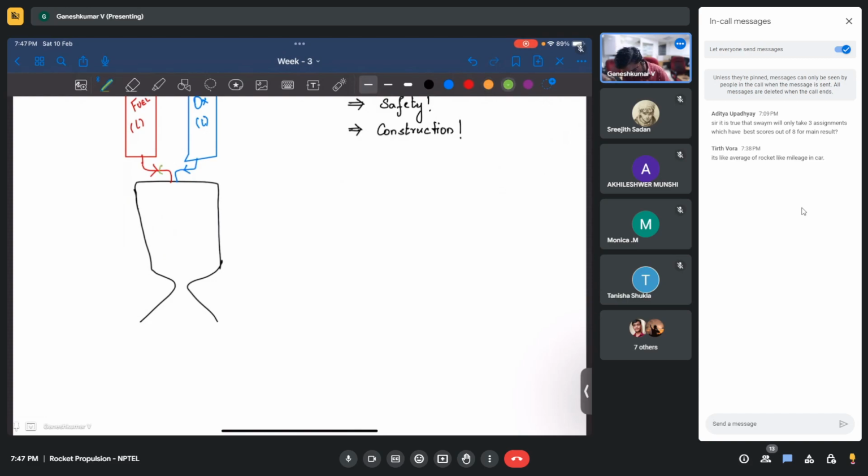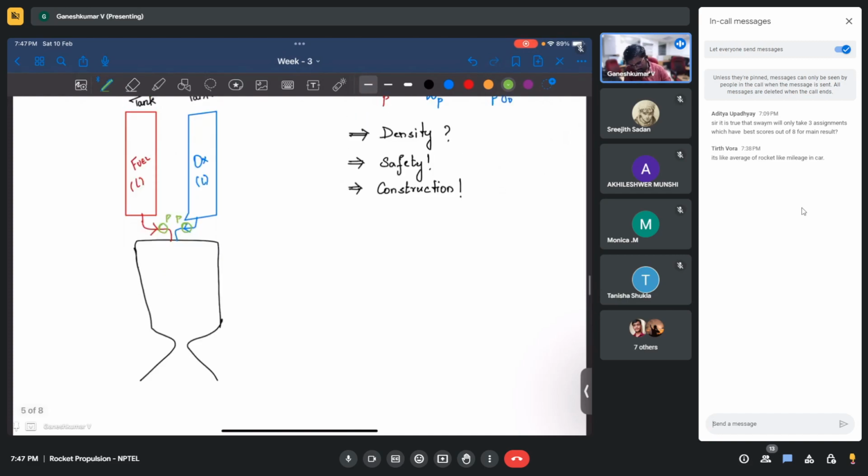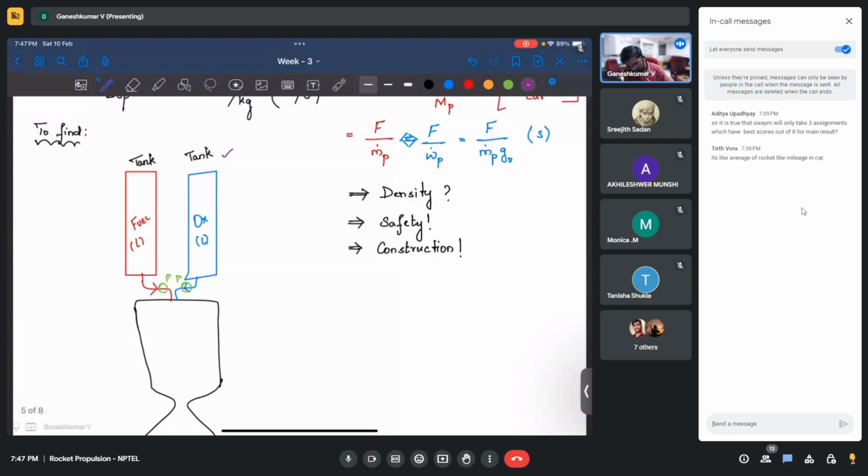You will put a fuel pump and an oxidizer pump, and the propellants go together inside the combustion chamber, mix, combust, and come out. So you have tanks, pumps, a combustion chamber, and a lot of piping, which is very complex. If there is any leakage in the tanks, it's going to be bad for you. This safety and construction is the main problem with the liquid propellant engine.